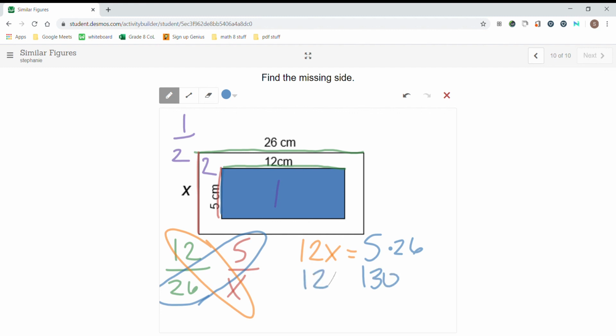So I have 12x equals 130. I can divide by 12, divide by 12. And in this case, I do get a decimal. 10.83, and the 3 is repeating. I threw that in there just to make sure that you did these right because all the other ones that we did were whole numbers. So this one was a little bit of a trick.